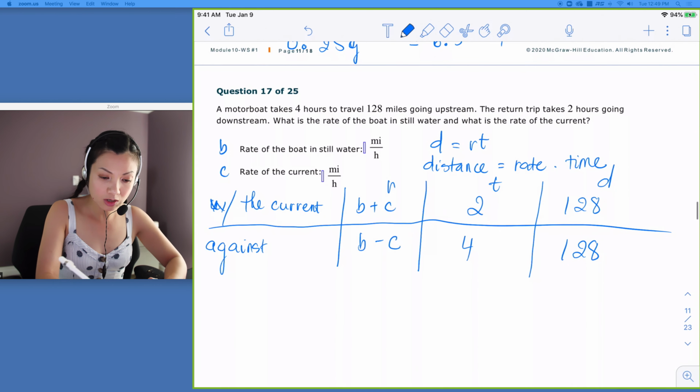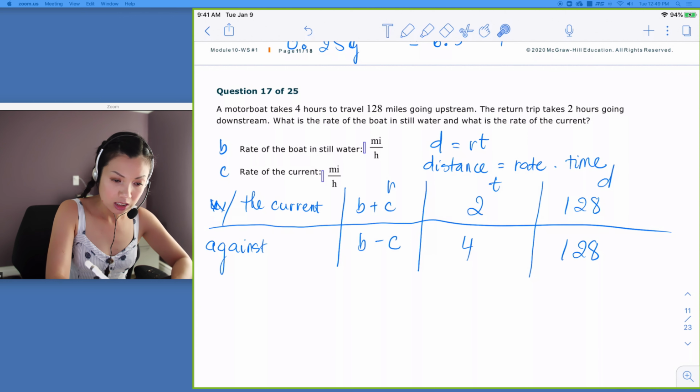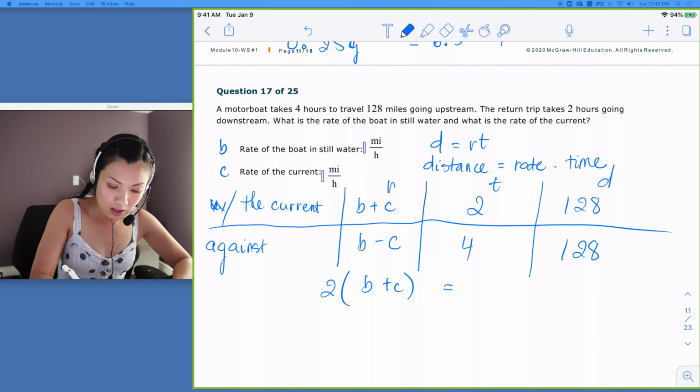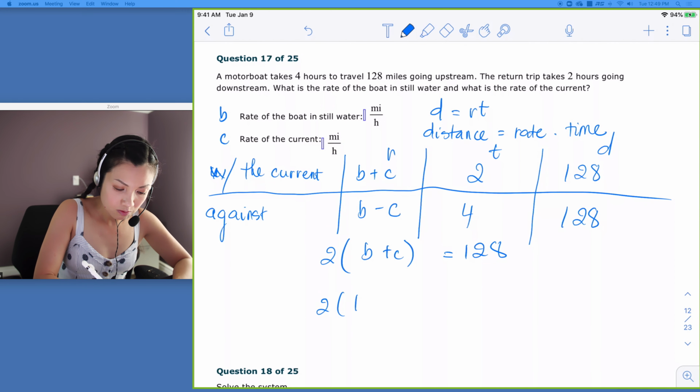Now from here, you use the distance formula and plug it in. So 2 times B plus C equals 128. And 4 times B minus C equals 128.